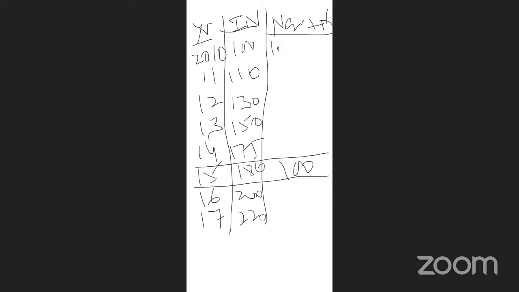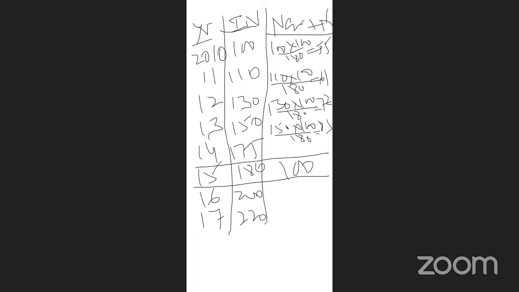That means we are taking 100 into 100 divided by 180. You got it as 55. Now 110 into 100 divided by 180 gives you 61. Now 130 into 100 divided by 180, you got it as 72. Next 150 into 100 divided by 180, you got it as 83.